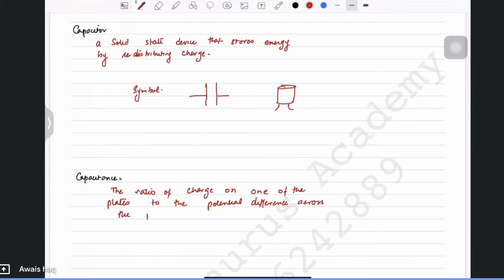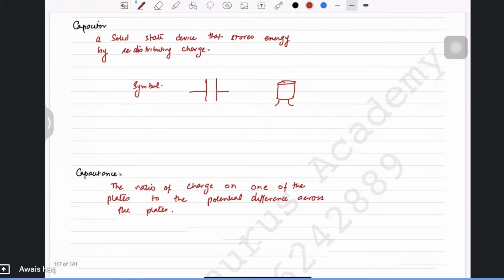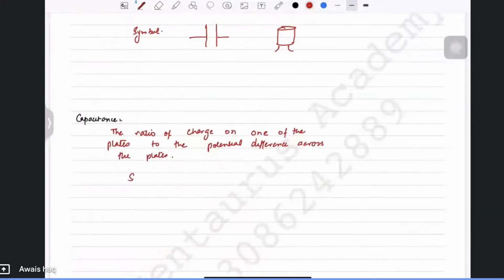Usually this definition will come for 2 marks, one with respect to the charge and one with respect to the potential difference. So the symbol is C, and the formula for this is C equals Q over V.